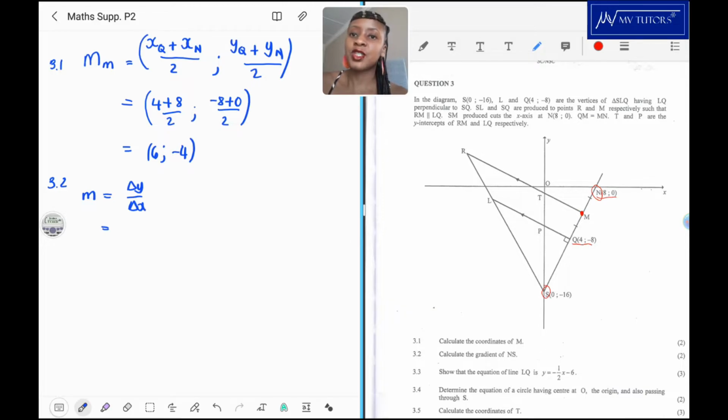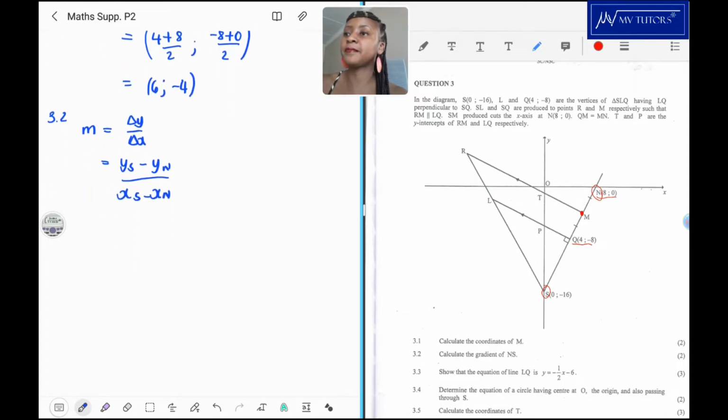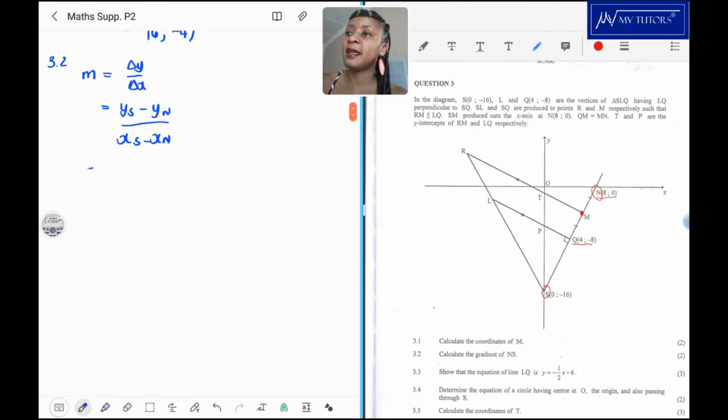So the y-coordinate of S minus the y-coordinate of N, all over the x-coordinate of S minus the x-coordinate of N. Okay, and then S, the y-coordinate is negative 16. The y-coordinate of N is 0. The x-coordinate is 0 for S, and the x-coordinate is 8 for N.